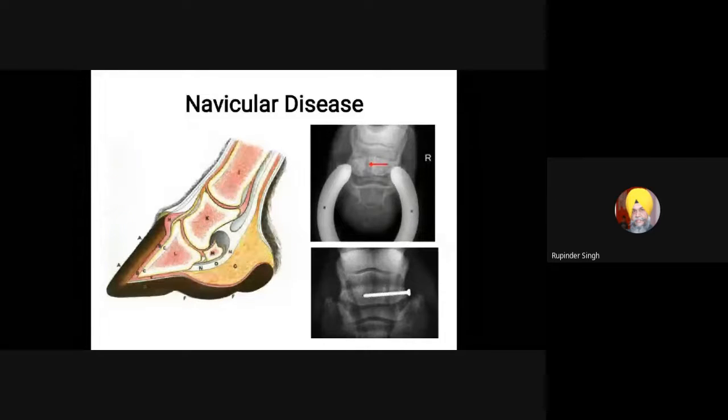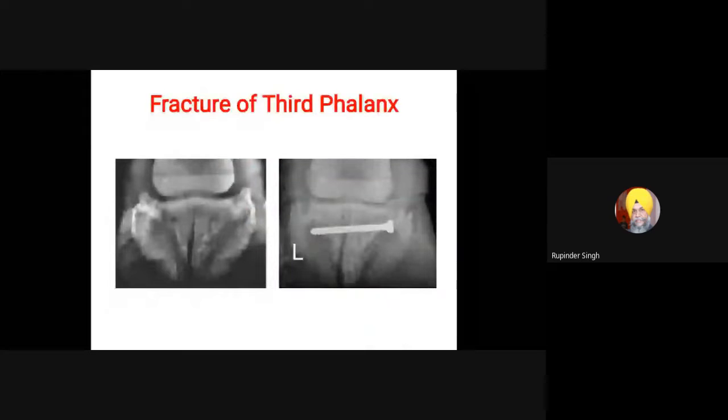Here also this is the third phalanx. For placement of the screw as shown on the right side, you have to cut through the hoof. You cannot cut the whole hoof wall, otherwise it will be very painful.